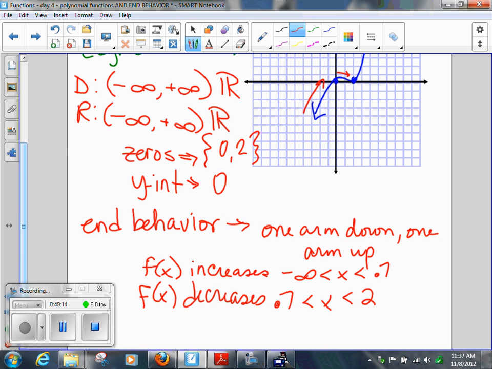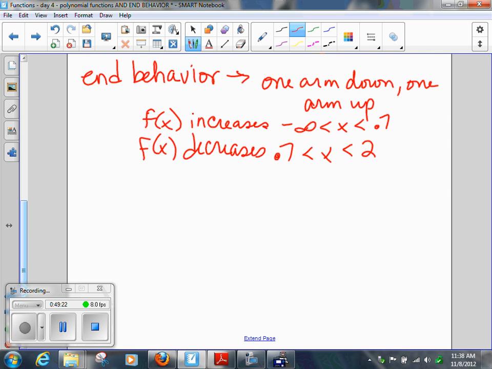And then it's going to shoot back up. You guys agree with that? So then it's going to increase from 2 to positive infinity. Folks, that's not that bad. That is complete. Now, can you fly through this? No, you really got to take your time and think about it, okay?